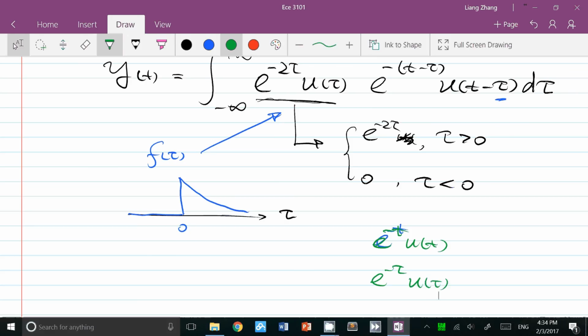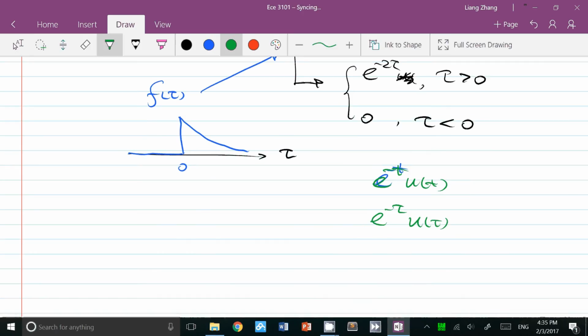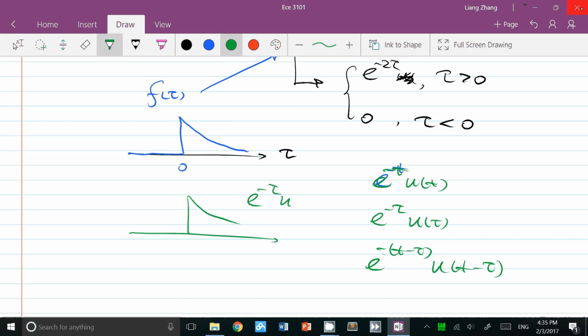Now, what I do need to do is to figure out what e to the negative t minus tau u of t minus tau is. Now, when you're doing the convolution integral in this manner, a graphical illustration usually will be an easier way to do it. So we'll apply it. Now, this is e to the negative tau u of tau.